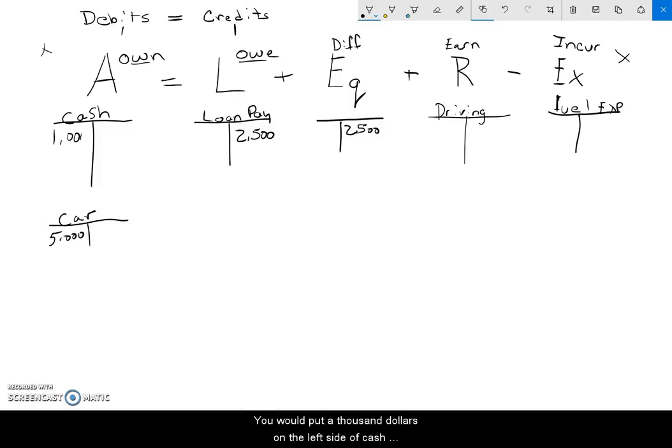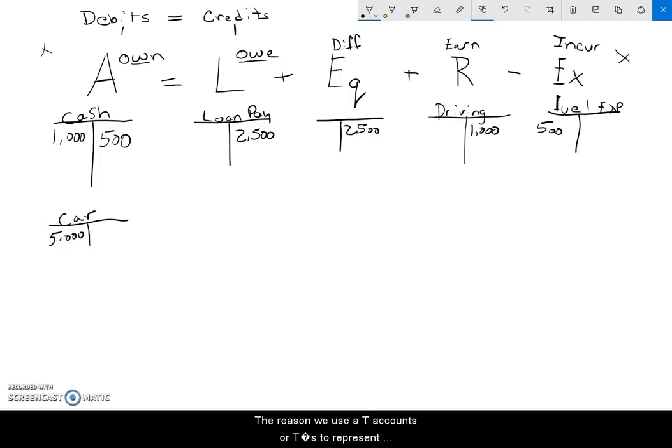You would put $1,000 on the left side of cash and $1,000 on the right side, credit side, of revenue. Let's say you had to pay $500 for fuel to earn that $1,000 of revenue. The fuel expense would be a debit, and if we used cash to pay it, we would have a $500 credit on the right side of the cash account.